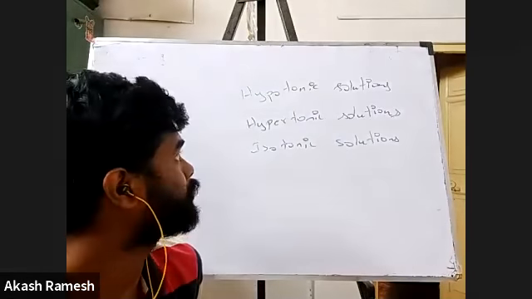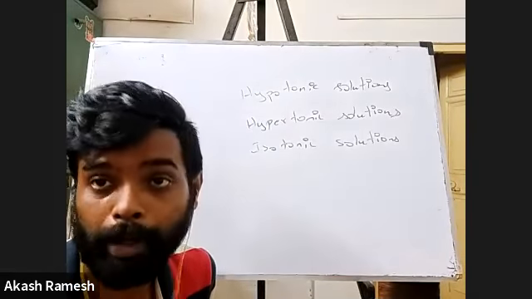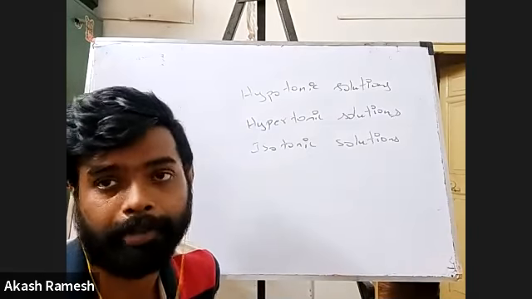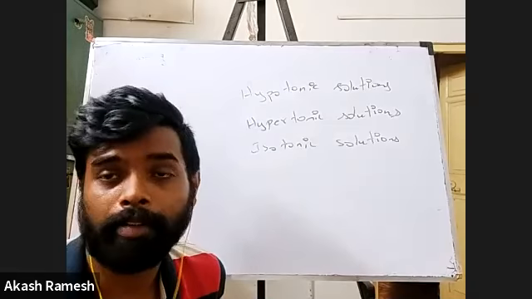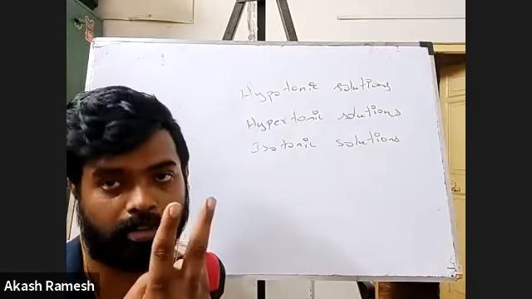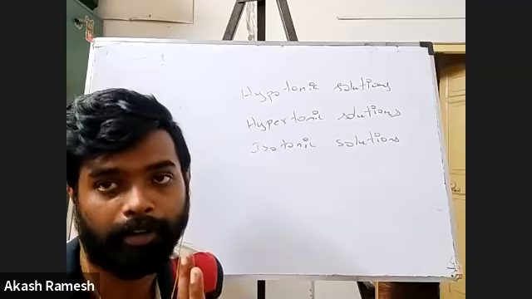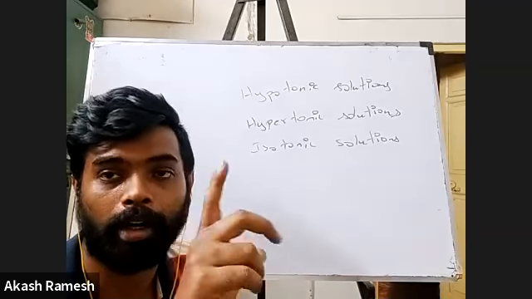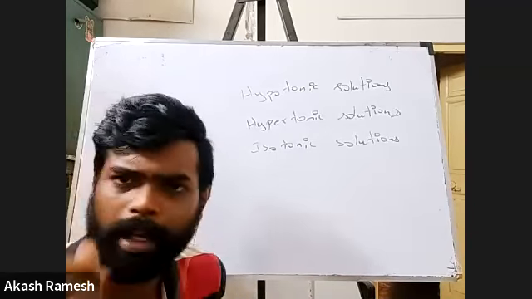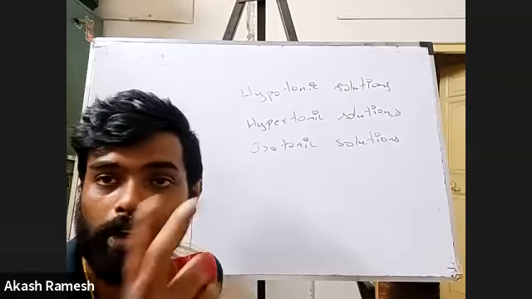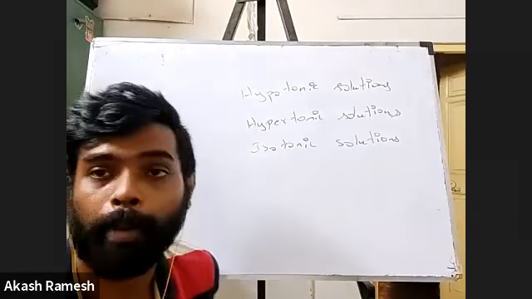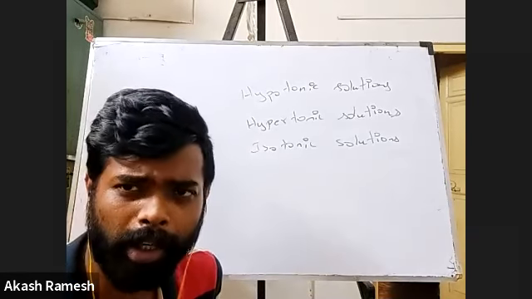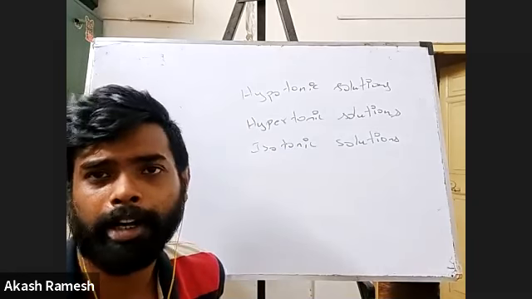So we have three: hypotonic, hypertonic, and isotonic. What do you mean by this? Please understand, here we are going to consider two solutions of the same solute and the same solvent, say sugar and water, and another solution of sugar and water. Only when you have two solutions of the same solute and same solvent can all these things come into the picture.